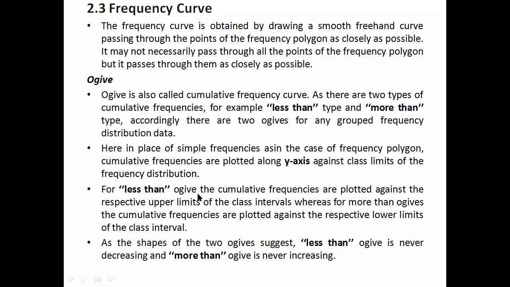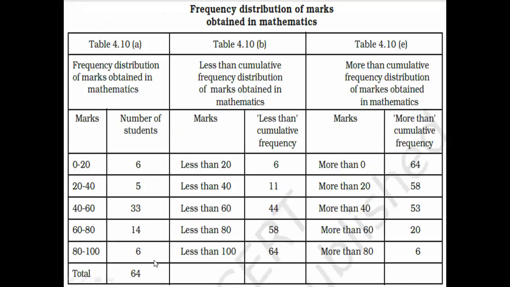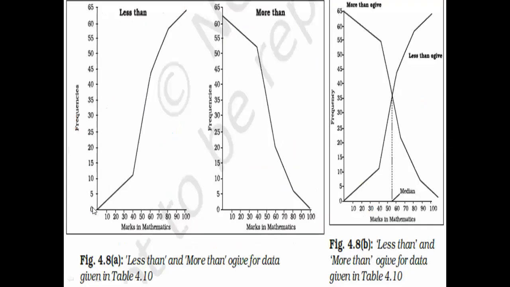For the less than ogive, the cumulative frequencies are plotted against the respective upper limits of the class intervals, whereas for the more than ogive, cumulative frequencies are plotted against the respective lower limits of the class intervals. That's what we can see here in this table. Whatever data is given can be plotted here. So this is less than and this is more than, and if you join them together, it is going to be like this.